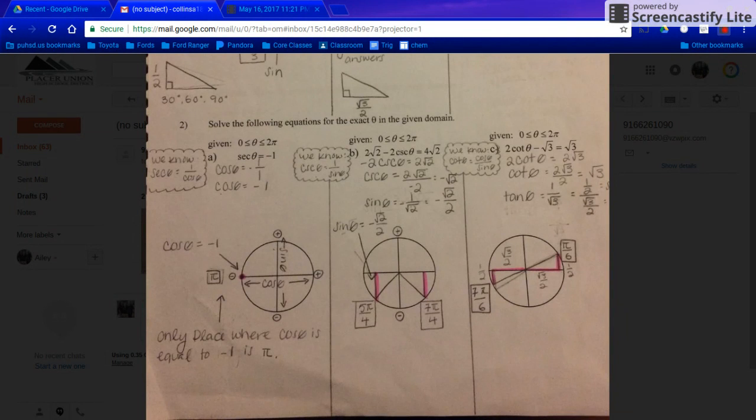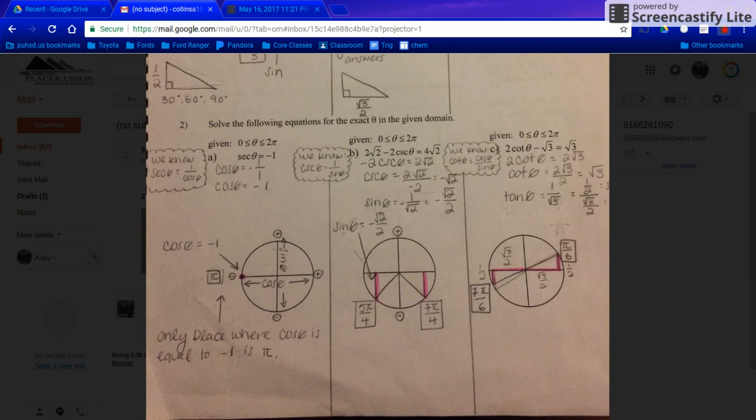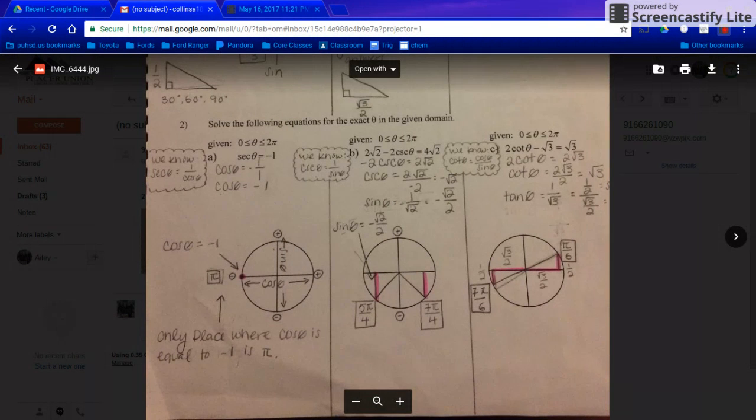I'm going to go down to the unit circle and find where on the horizontal axis, or where cosine lies, where -1 would be, which is only at pi. Because if you look at the axis, if you go left, it's -1. If you go right, it's +1. There's only two options. So it only happens to be at pi.